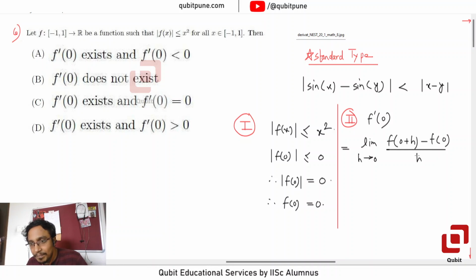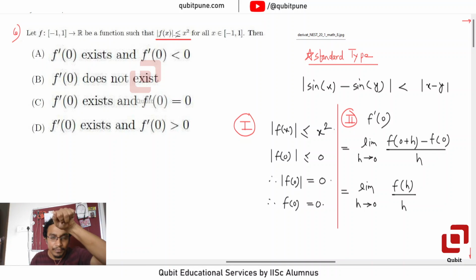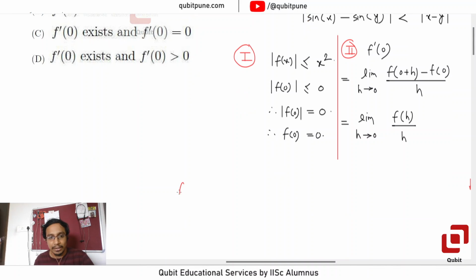So what would it be now? f of h upon h. Now you invoke the inequality again. Mod of f of x is less than or equal to x squared.